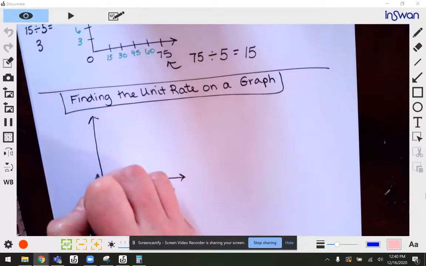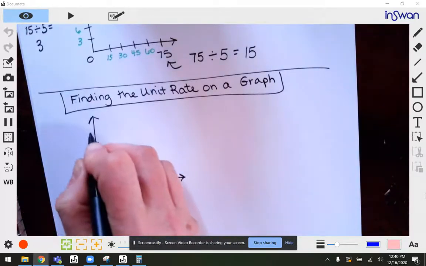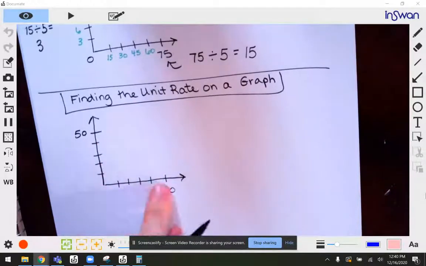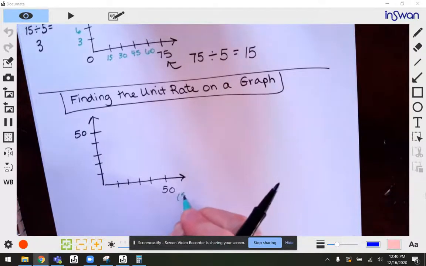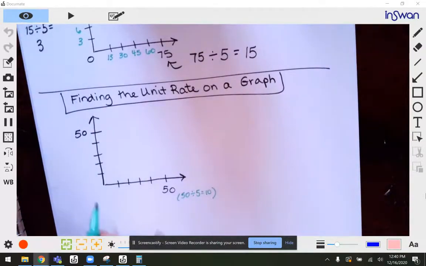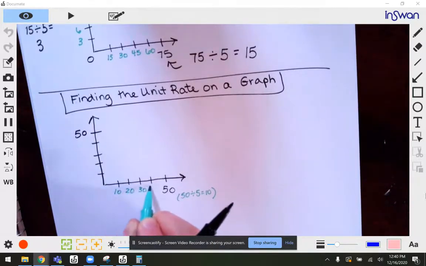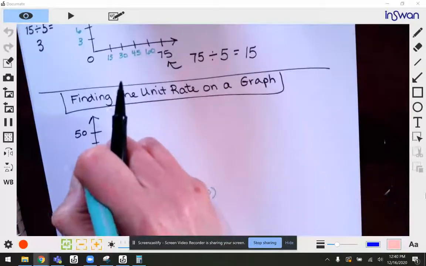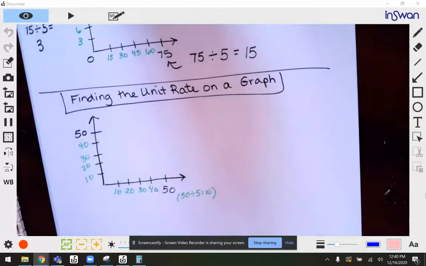And on this one, the same scale, 1, 2, 3, 4, 5 tick marks and a 50. So first thing I want to do is establish my scale. So I would think, okay, 50 divided by 5 is 10. So these are in tens. 10, 20, 30, 40, 50. So now I have my scale.